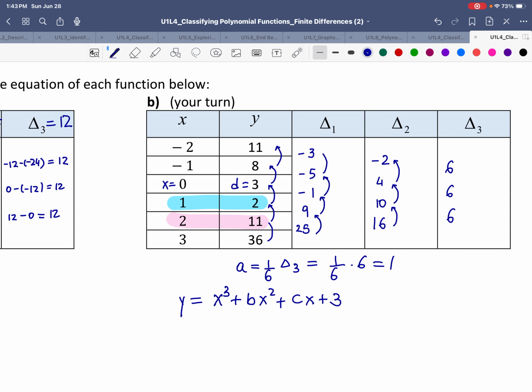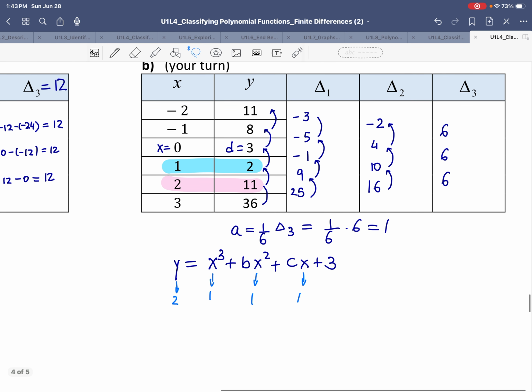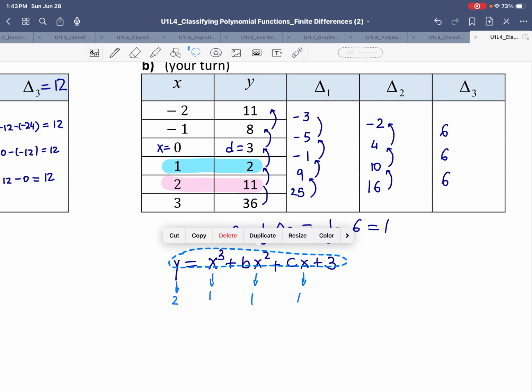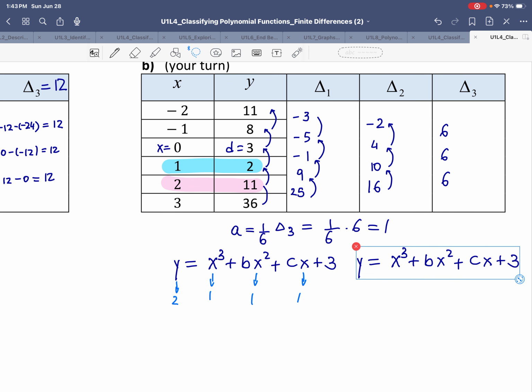And we are going to substitute 1 and 2 first. So x equals 1 and y equals 2. And in the same way, we are going to substitute x equals 2 and y equals 11 as well. And here we go.